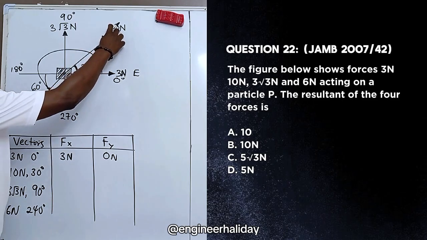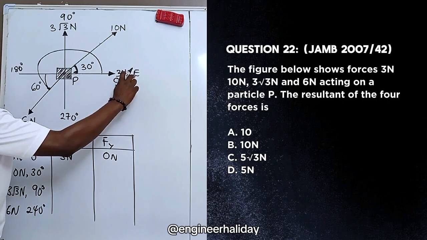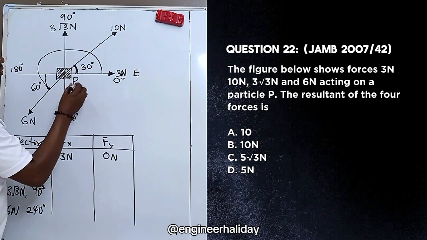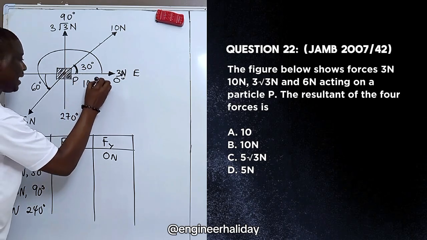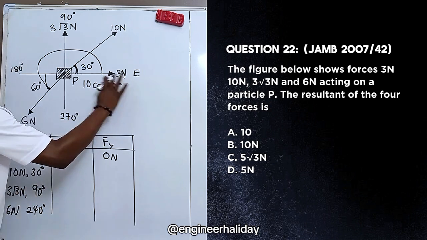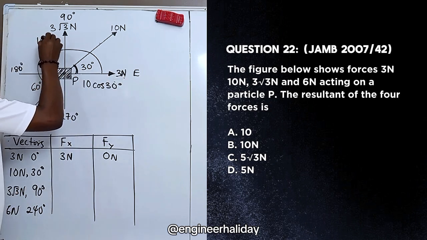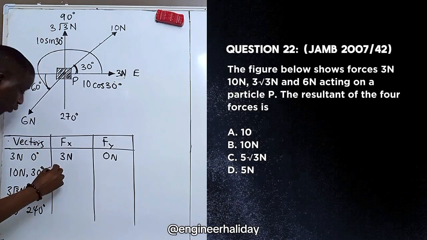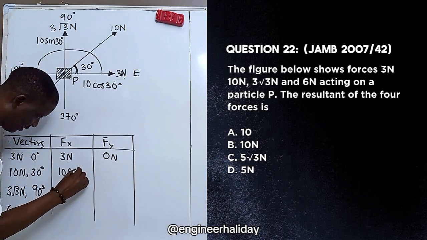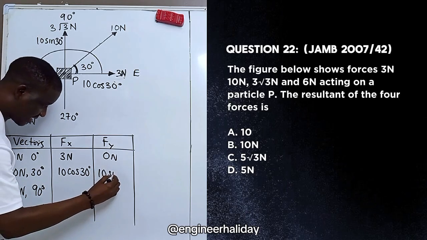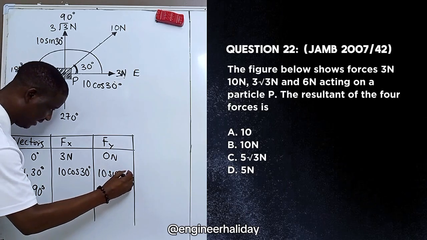If you resolve 10 Newton into the horizontal axis, because the angle is inclined to the horizontal, what we are going to have is 10 cos 30 degrees for the x component, then 10 sin 30 degrees for the y component.